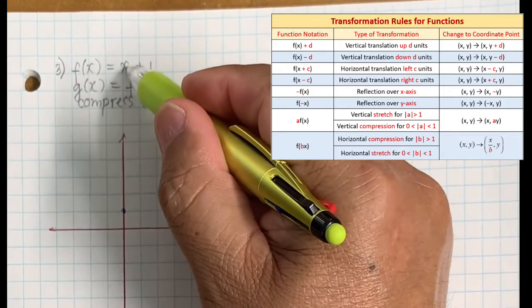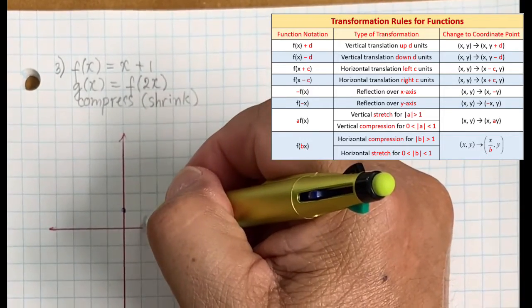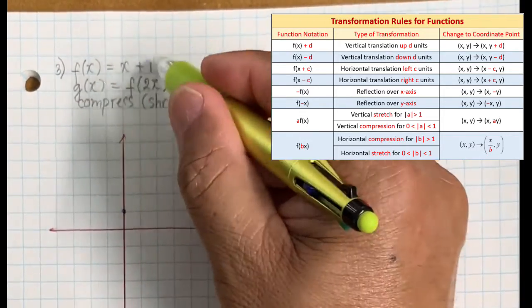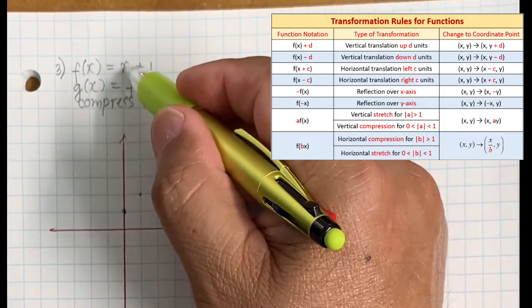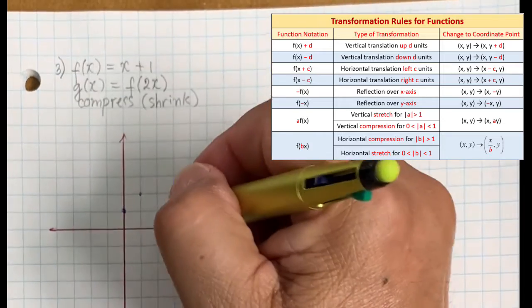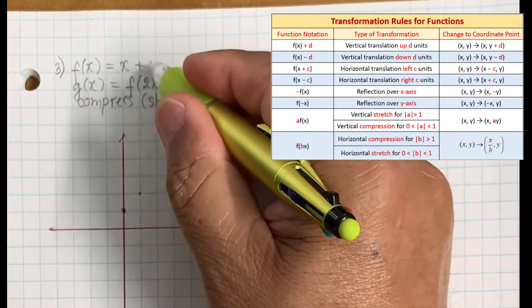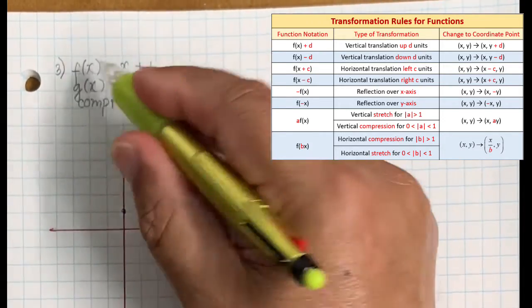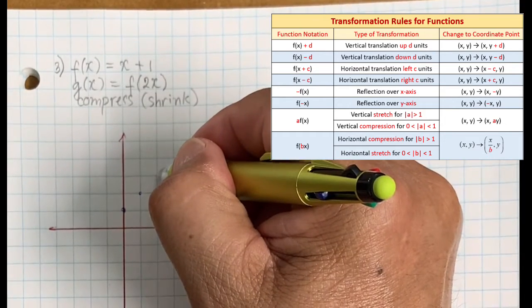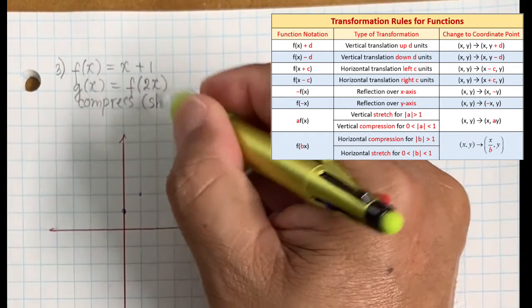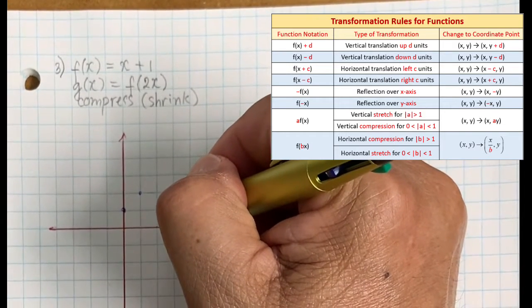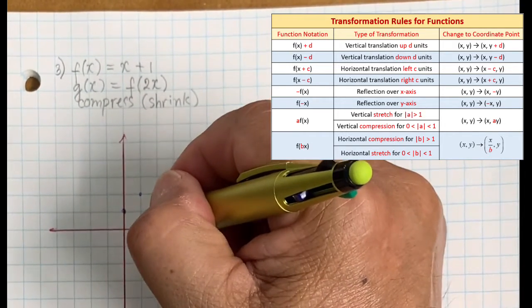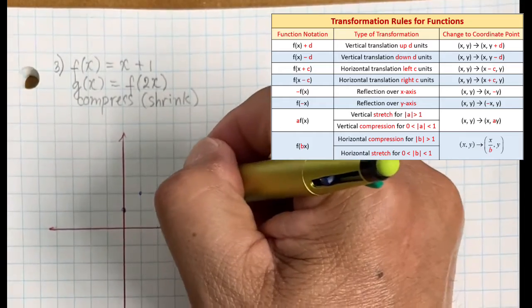When x is negative 1, again, if you want 1, that's fine too. 1 plus 1 is 2, so you want to do this, or even 3, right? So x is 3, then what? 3 plus 1, f of 3 is going to be what? I mean, yeah, 3. So 1, 2, 3, 1, 2, 3, 4.